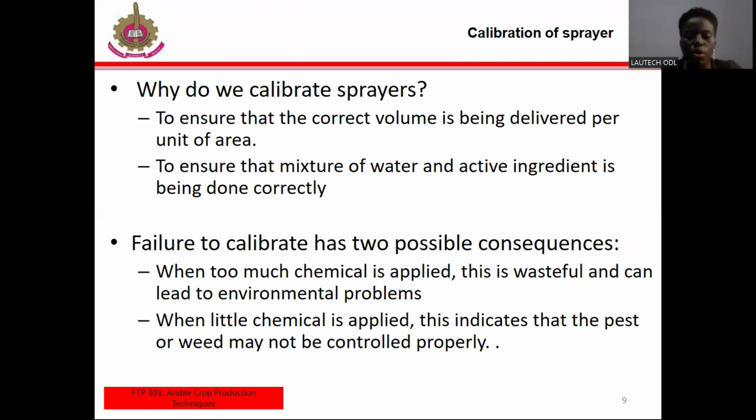One, when too much chemical is applied, it will lead to waste and it will lead to environmental problems at a particular point in time. The second one is when little chemical is applied, this indicates that the pest or weed may not be controlled properly.